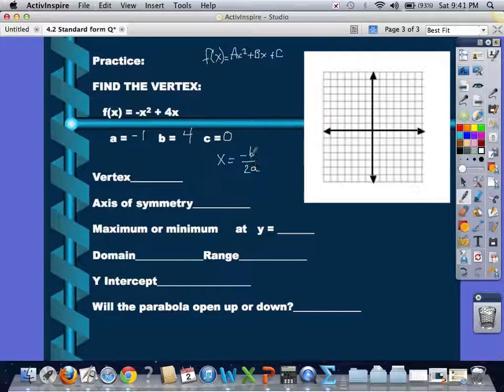So in this case, our b is 4, so that's going to be negative 4 divided by 2 times, what's our a? Negative 1. That ends up being x is equal to negative 4 divided by a negative 2, which makes a positive 2. So x is going to be 2. So that's the x-coordinate of our vertex.